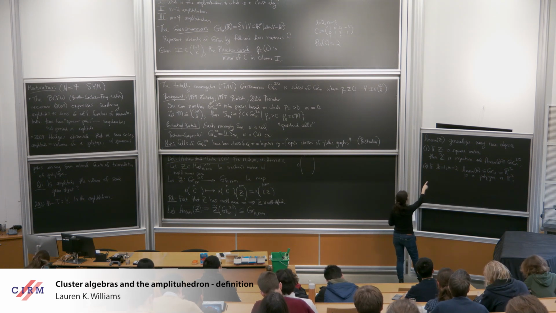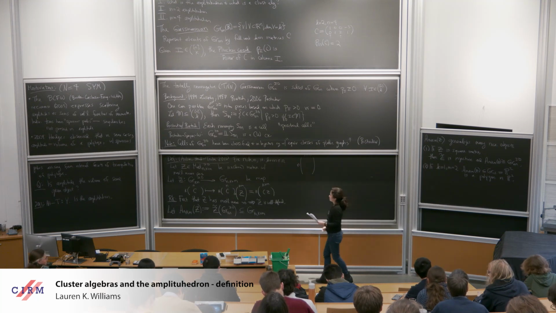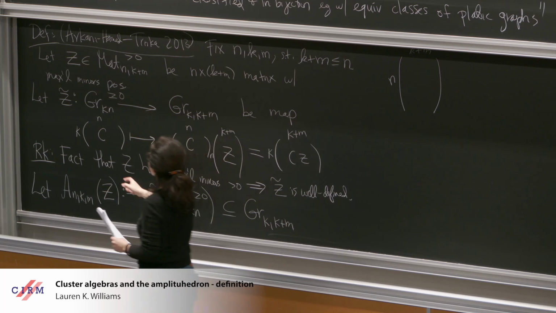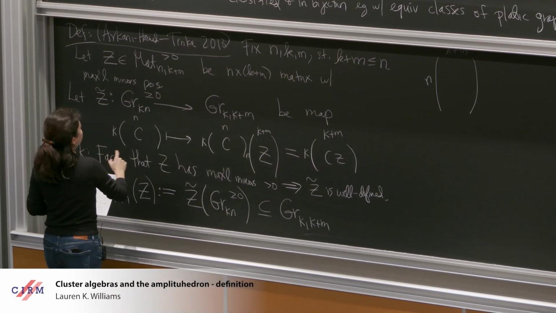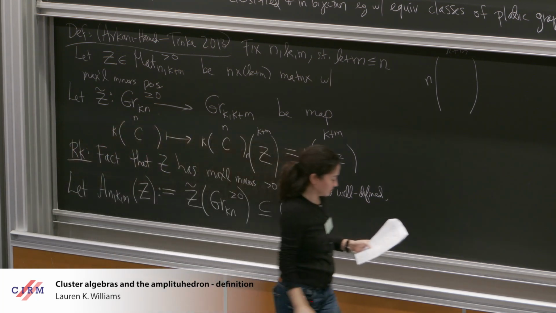So in this k equals 1 example, n will be general, but k is 1. Then my map Z tilde is going from Gr(k, n), which is Gr(1, n).